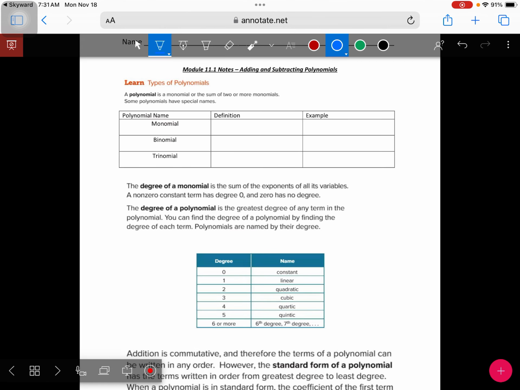All right, let's go to the inside of this packet. And we are talking about a lot of definitions here. Excuse me. A lot of definitions. All right. So, trying to find my little cheat sheet.